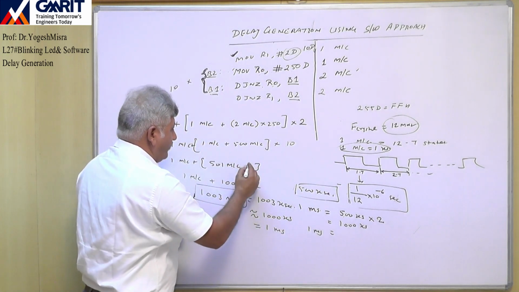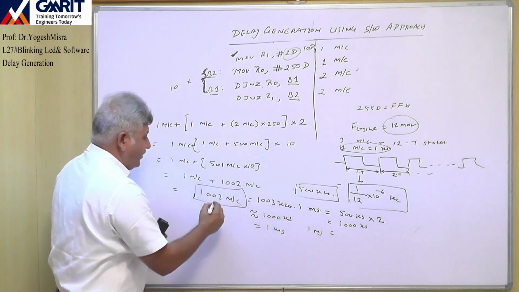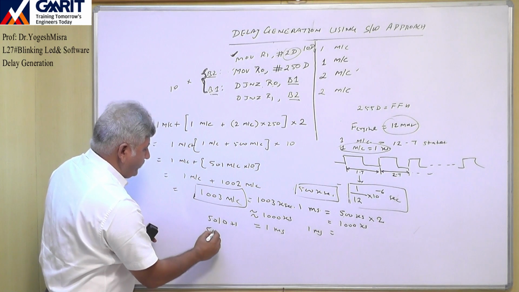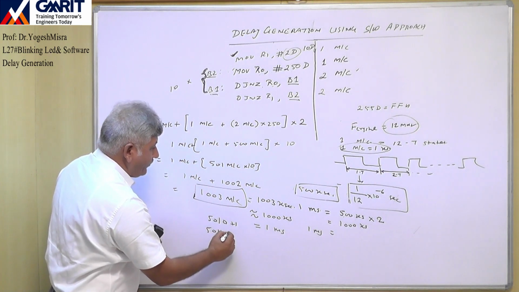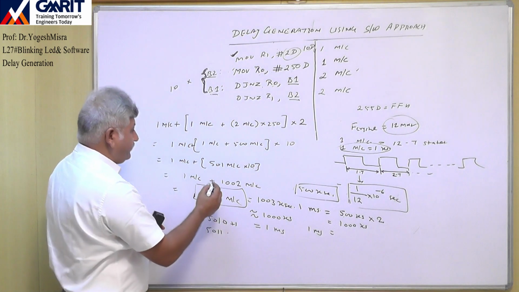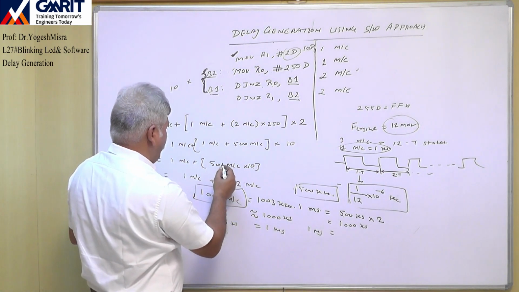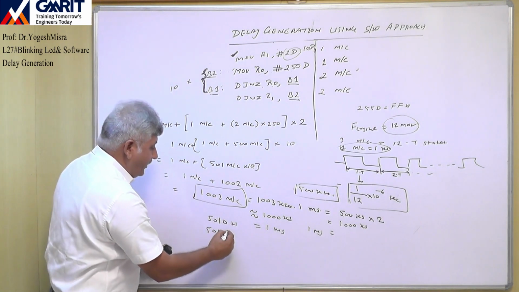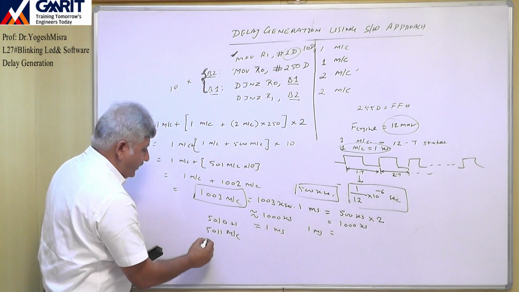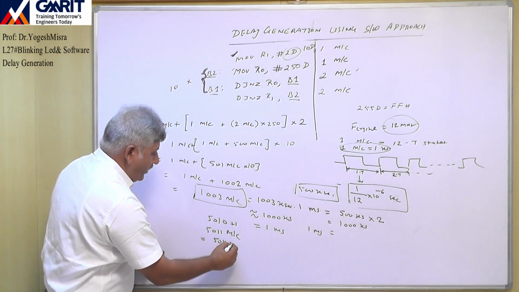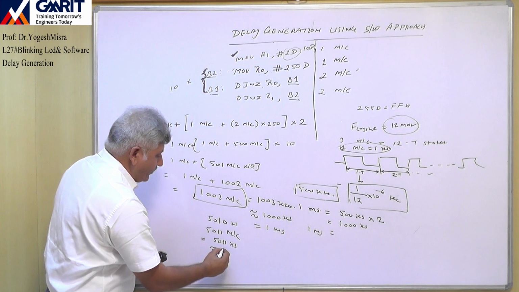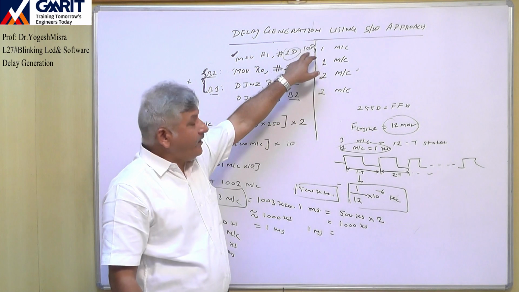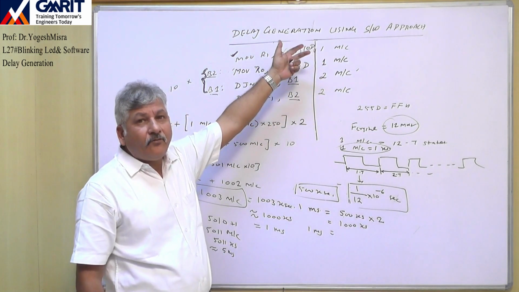So this is 5010 plus 1, 5011 machine cycles, and it is equal to 5011 microseconds. So it is approximately equal to 5 milliseconds. So here if I put 10, then it will give us a delay of 5 milliseconds.